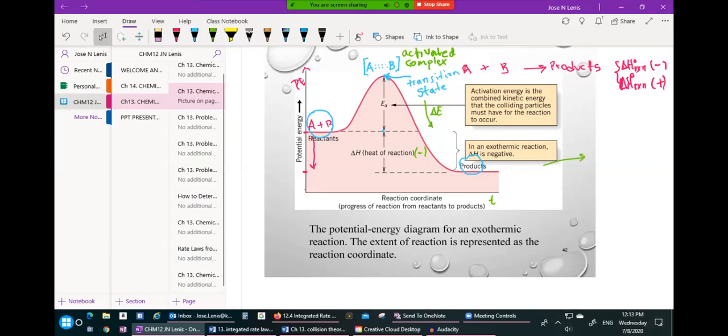Now, this potential energy diagram is showing only a one-step process. This diagram is assuming that A and B go to product in only one step. From here to there, only one step.